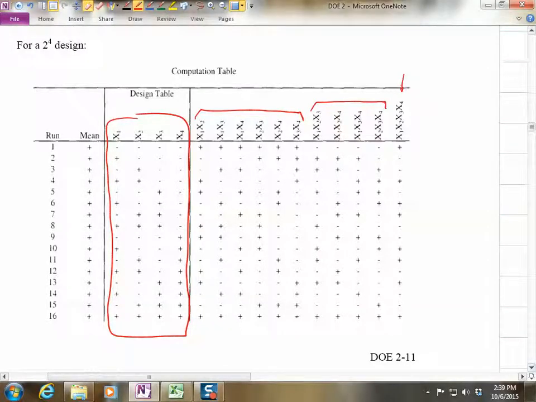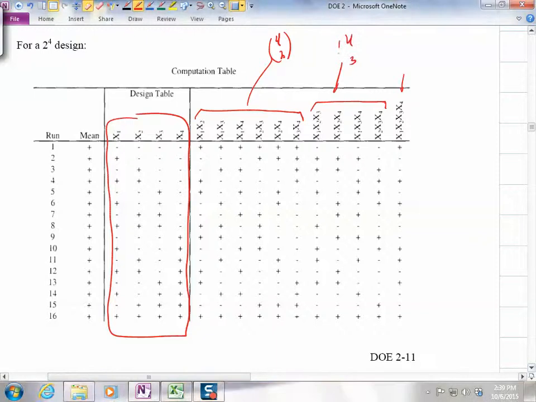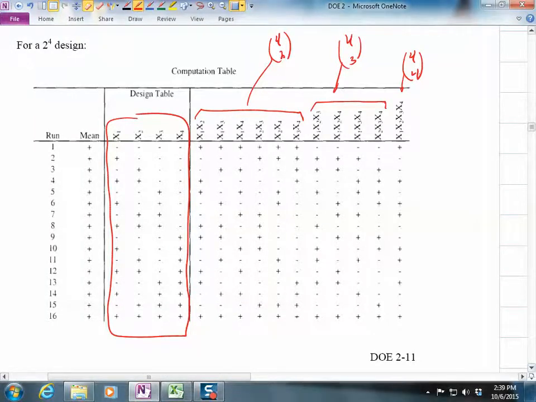So that's where we learn that combinations. So you can think of, how many of these do I have? Well, I have 4 factors, choose 2, 4 choose 3, 4 choose 4. Remember that? Way back from chapter 2, chapter 3. That can tell you how many of these things you have and if you're missing some of those.